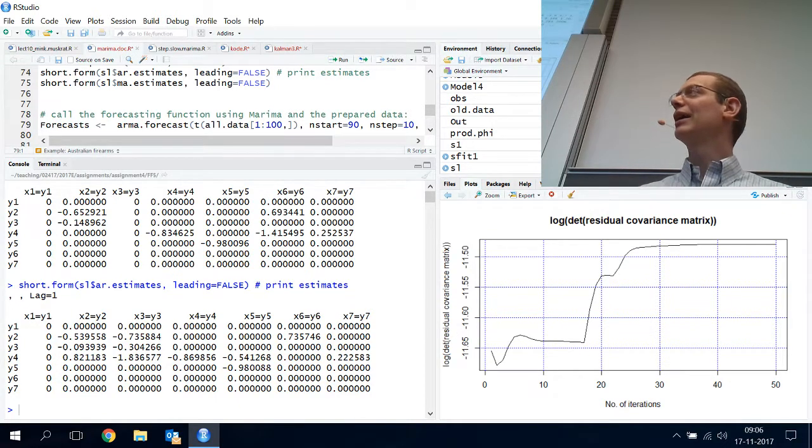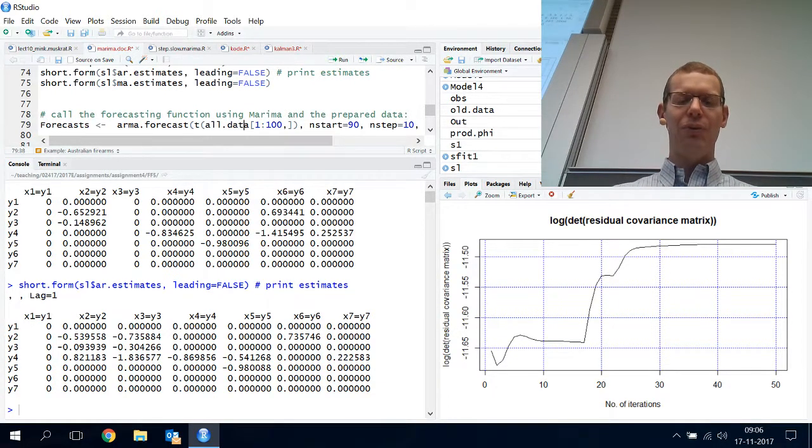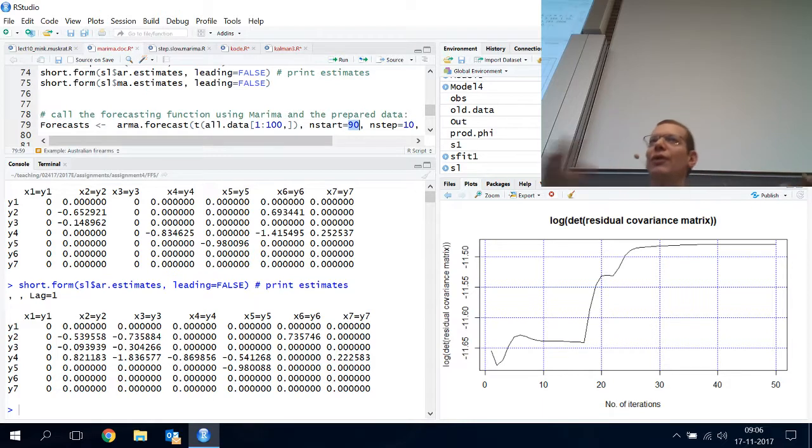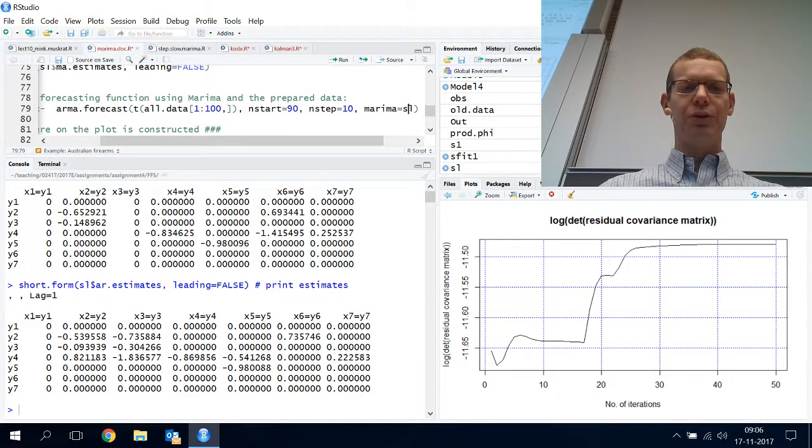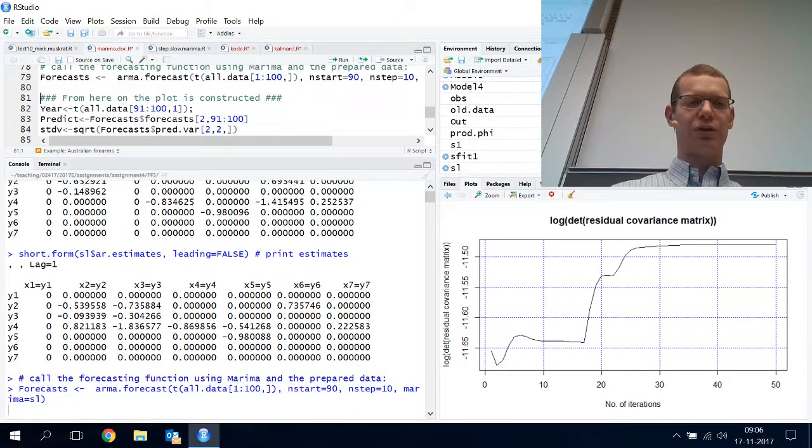I started a little bit late on the actual lecture, so I'll just show you how the forecast works quickly. So now what we'll look at, we say that the first 90 observations are the data that we use to make the model converge to the right state, and then we want to predict ahead. And we want to use the model that we just estimated with the slope.